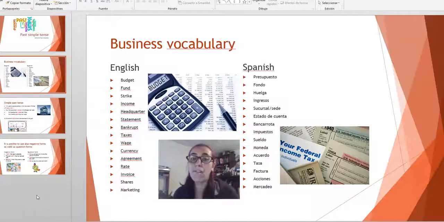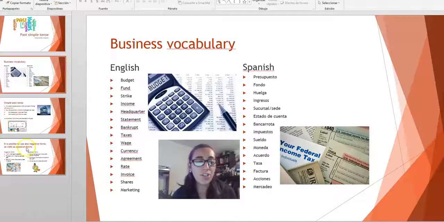After that we have fund, which is fondo, strike, huelga, income, which means ingresos, headquarter, which means sucursal o sede, oficina, statement, which is estado de cuenta, bankrupt, which means bancarrota, taxes, impuestos, wage, sueldo, currency, which means moneda, moneda extranjera, agreement, which is acuerdo, rate, which means tasa, invoice, which is factura, shares, acciones, and finally we have marketing, which is very common for us, which is mercados, right?